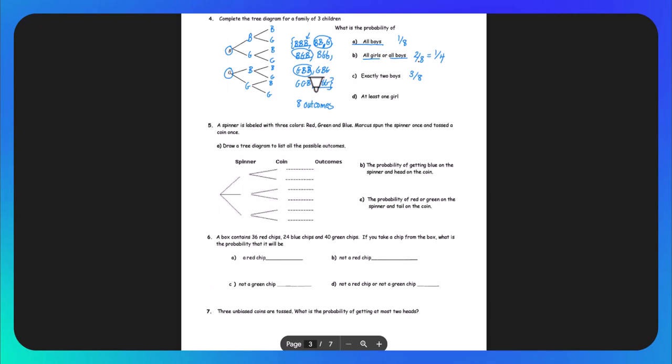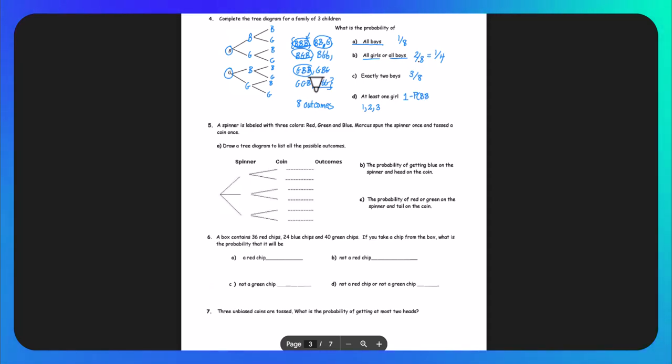Then the last one is at least 1 girl. Well, if it's at least 1 girl, it can have 1 girl, it can have 2 girls, or 3 girls. So the only one that does not have any girls in it is this one right here. So we can actually look at this as 1 minus the probability of all boys.